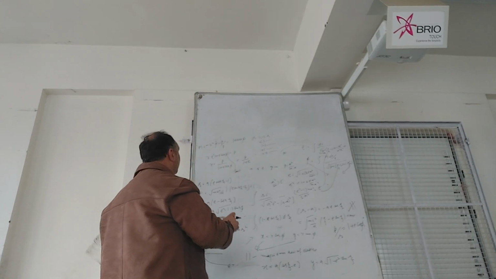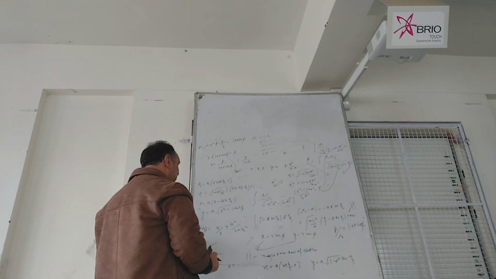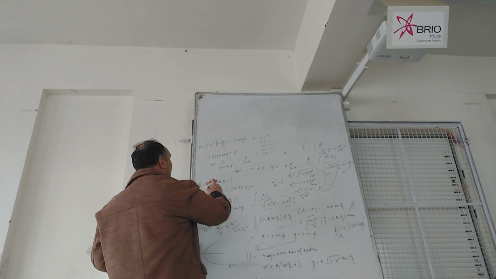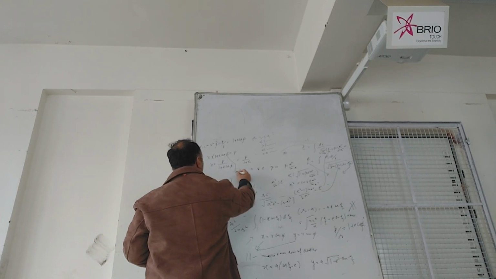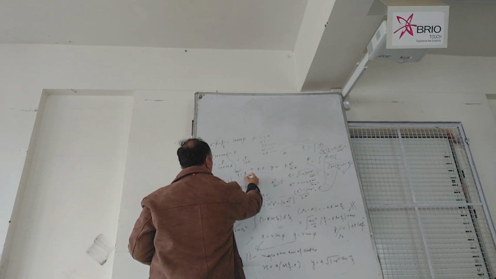And what we had was p by r, where p by r is equal to p by 1 plus e cos phi.